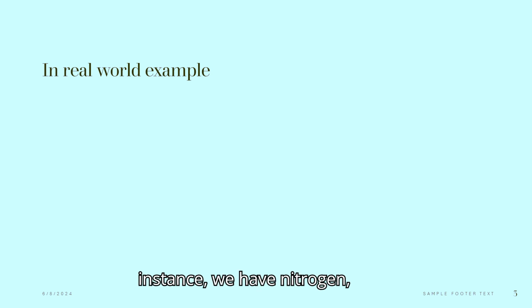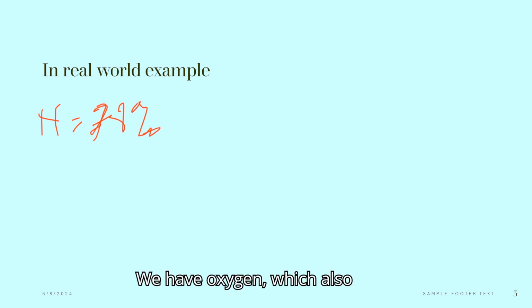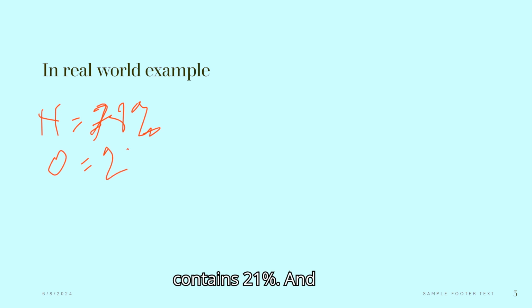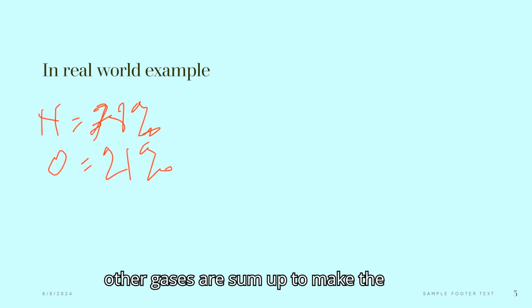For instance, we have nitrogen, which contains about 78%. We have oxygen, which contains 21%, and the rest of the other gases sum up to make the air that we breathe. So air is a mixture of gases.